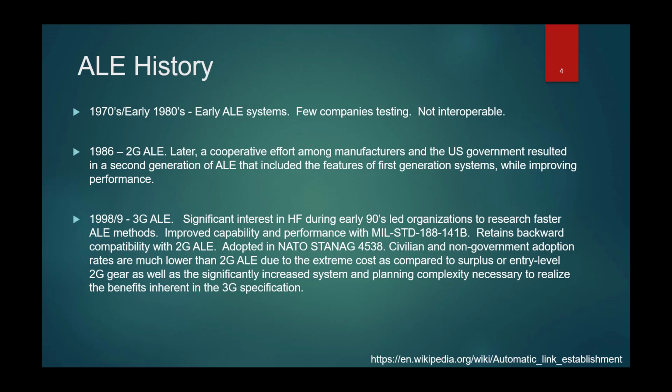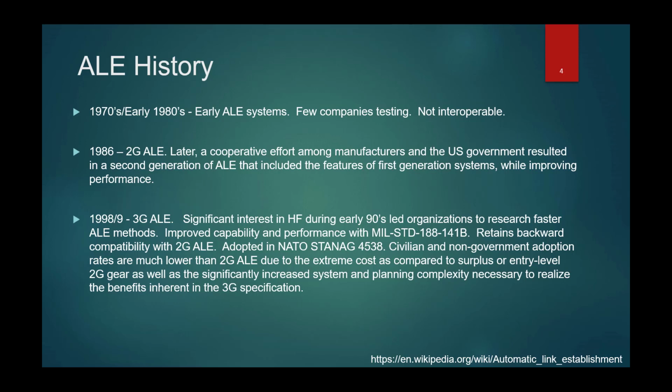This is what supported non-governmental organizations, NGOs, other agencies within the U.S. government and other governments to be able to take advantage of automatic link establishment. It would begin to increase in usage as a lot of this radio technology eventually became more cost effective.